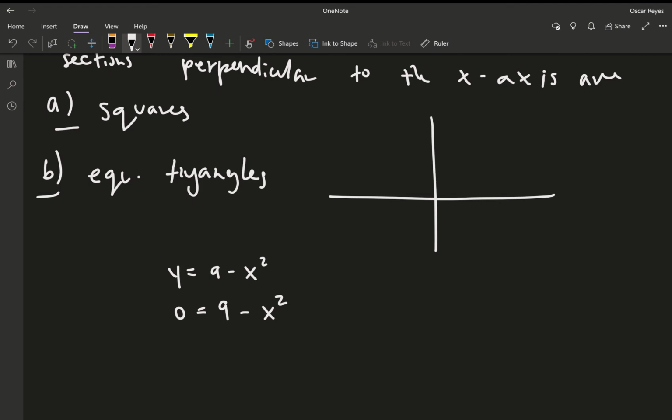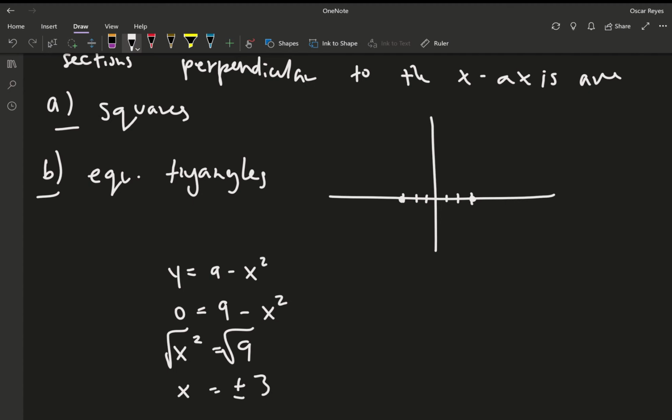What we'll do is bring x to the other side, which gives us x squared equals 9. Take the square root, so x equals plus and minus 3. So we know that at plus and minus 3, this parabola is going to intersect our x-axis.